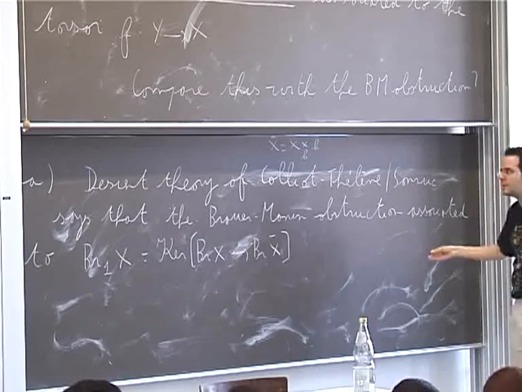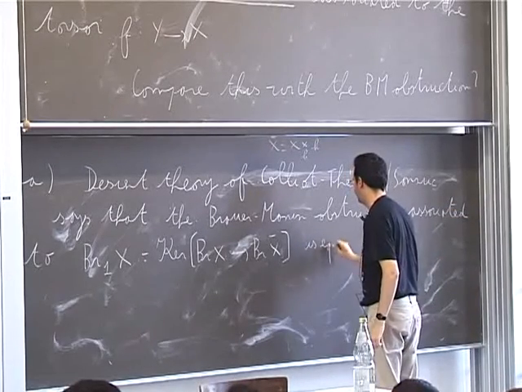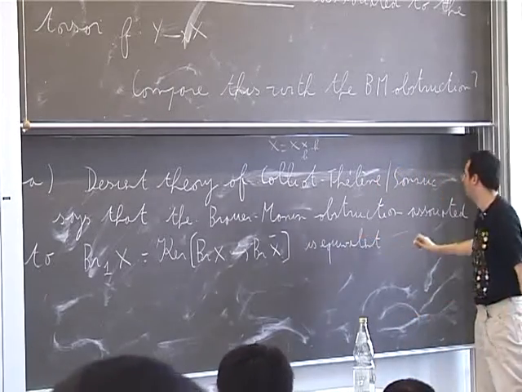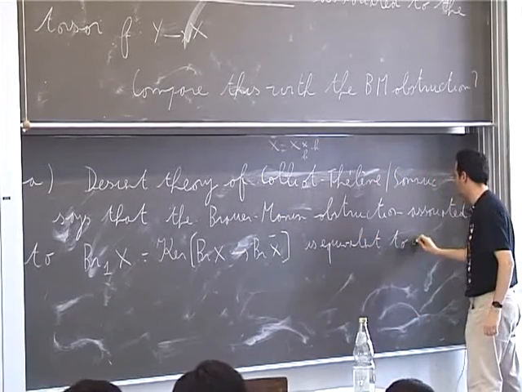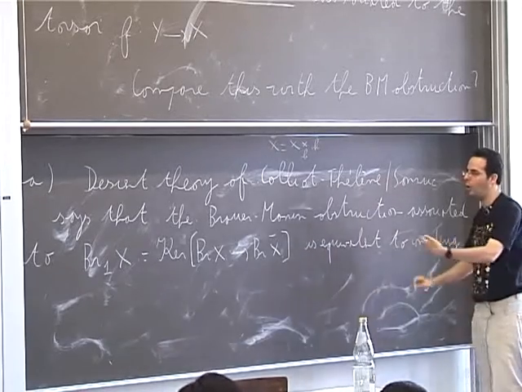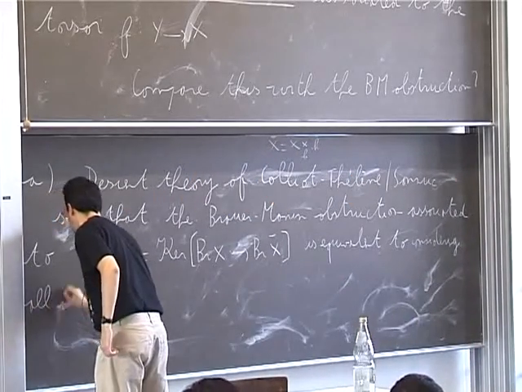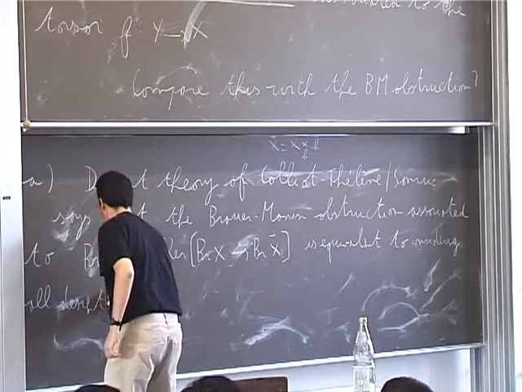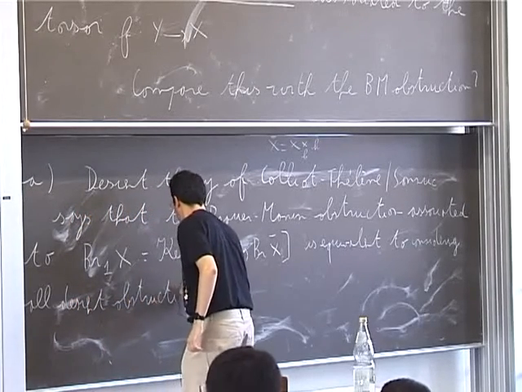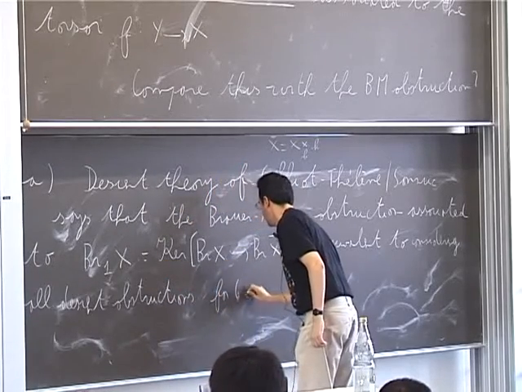Then the statement is that this obstruction is equivalent to considering all descent obstructions for G of multiplicative type.